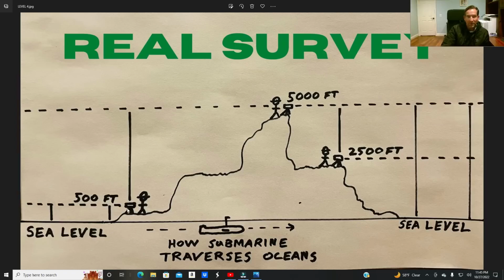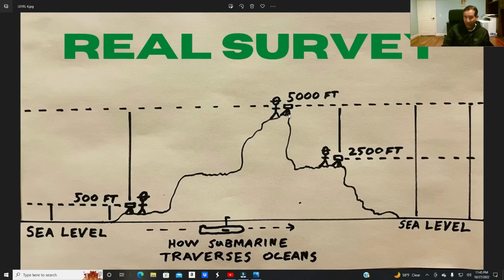You got surveyor number 1, surveyor number 2, surveyor number 3. He's got his scope and he's looking out horizontally and then he can take his drop to sea level at any point, here on the seashore or here 1,000 miles out in the ocean.